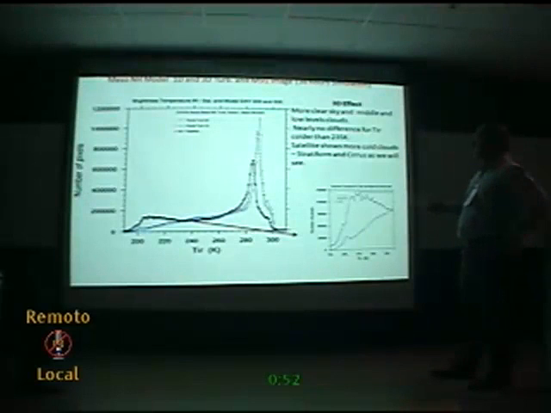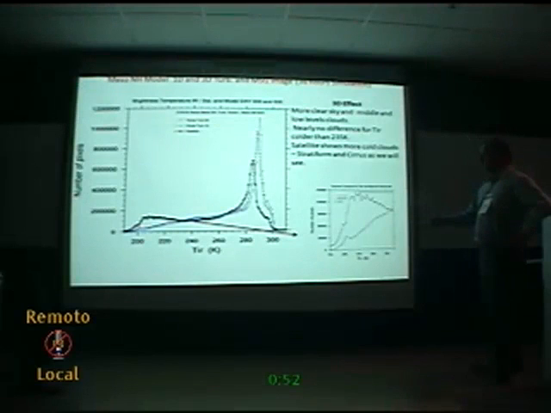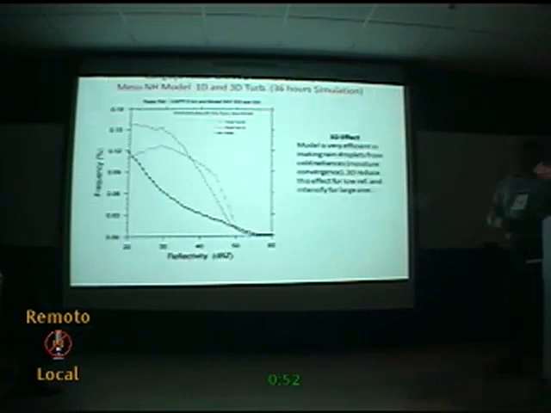It's the same as I showed, but now including the 3D in blue. The blue has more clear sky and more medium level clouds, but near the threshold of 235 Kelvin it does not change the distribution of the brightness temperature too much.